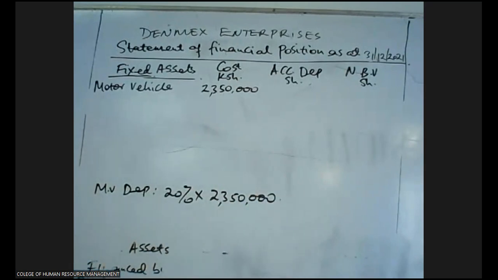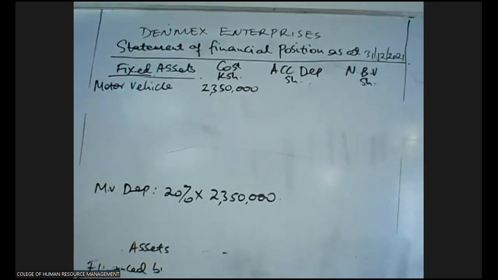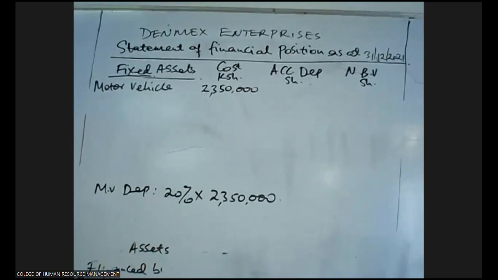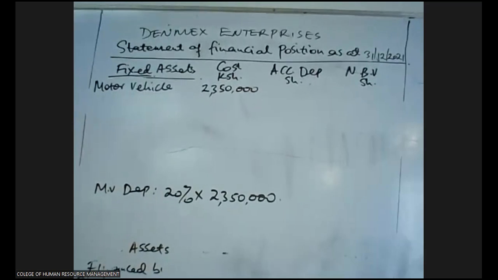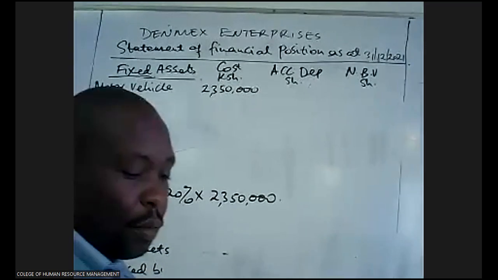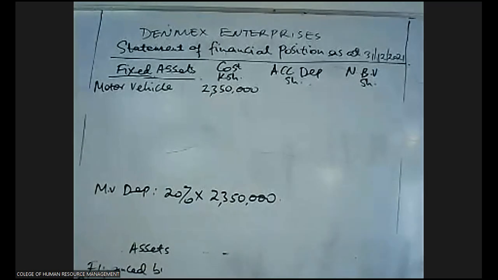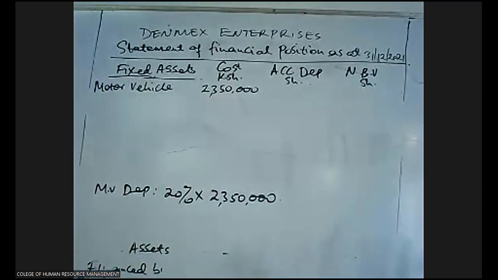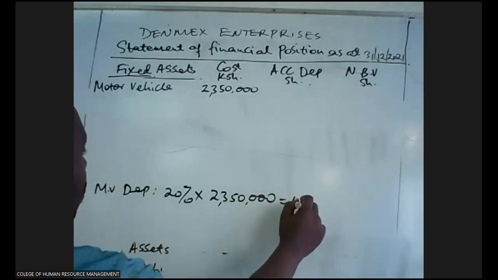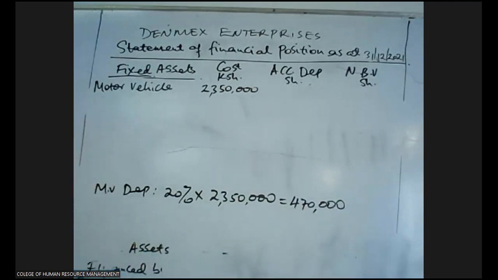How much do you get after doing that? 0.2 times 2,350,000, you get 470,000. That is the depreciation for this year.